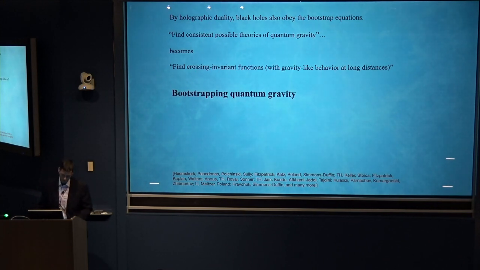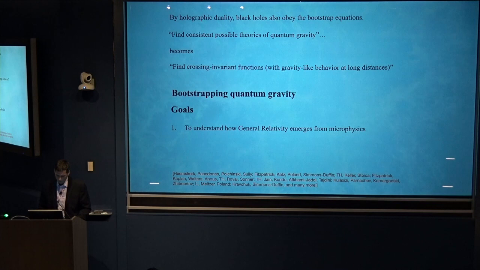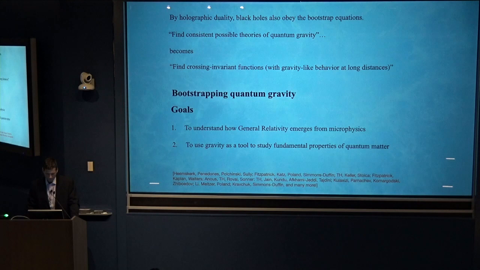This research program has been pursued by many people over the last decade or so, and this is one of the focus areas of the Simons Bootstrap collaboration. The goals of this program broadly are to understand how general relativity emerges from microscopic physics at the Planck scale, and to use gravity as a tool to study fundamental properties of quantum matter.